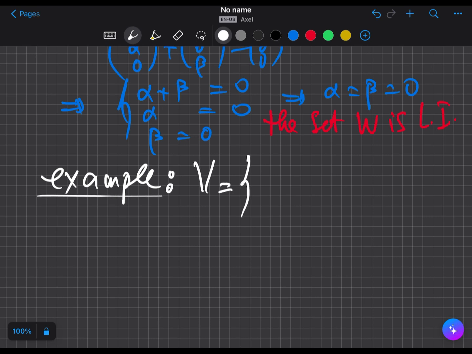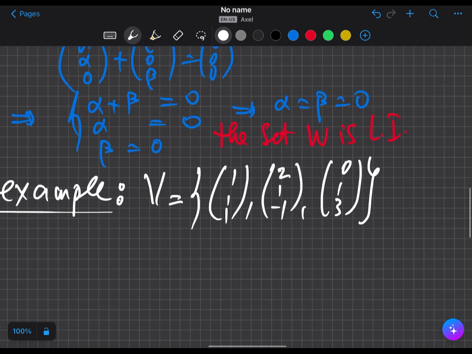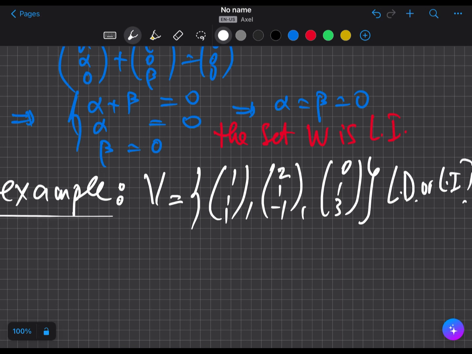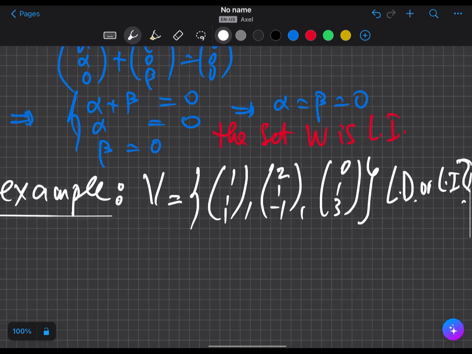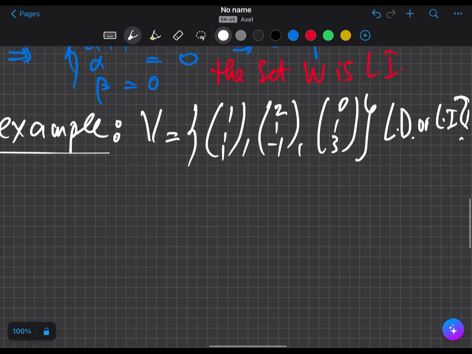V is equal to (1,1,1), (2,1,-1) and (0,1,3). Is V linearly dependent or linearly independent? That's a $1 million question. So how will you attempt to answer that?